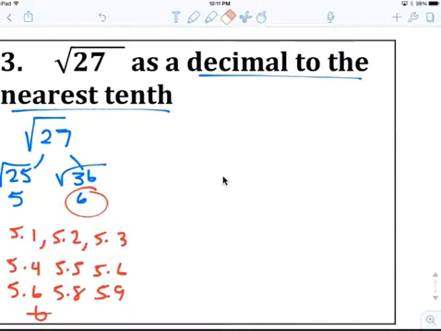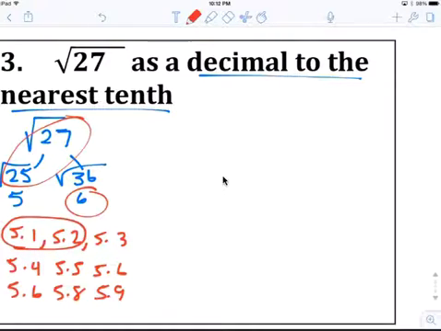So that's not our choice, 36, right? But 25 is close to 27. So it's closer to 5. So these two numbers are closer to 5 than all the rest. So I would definitely not try these. So I'll start with the bottom two.